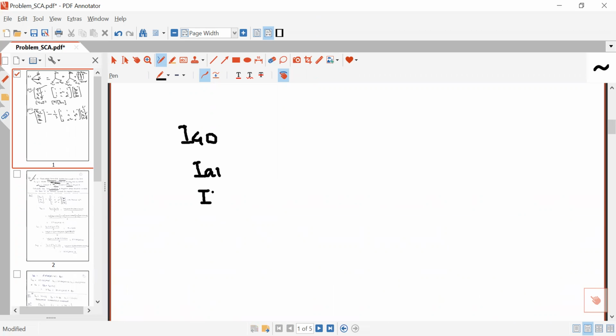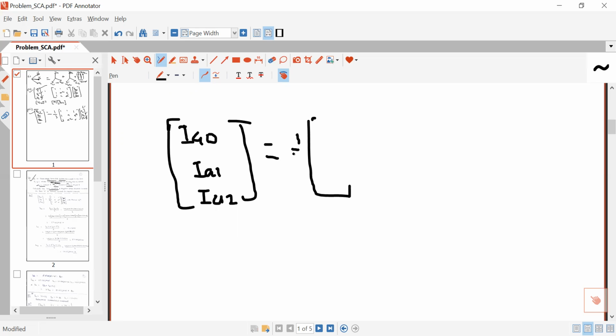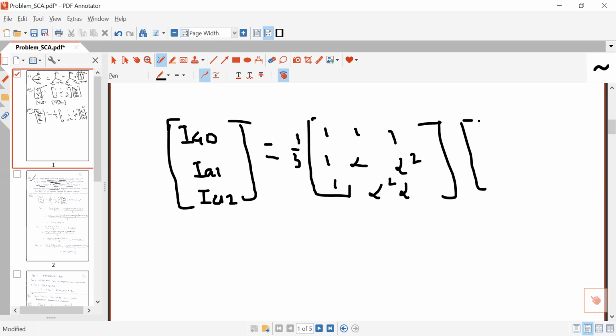If the unbalanced phasors are known and you have to determine the sequence components, then you use this matrix: 1 by 3 times 1, 1, 1; 1, alpha, alpha square; 1, alpha square, alpha; multiplied by IA, IB, and IC. Here IA, IB, IC are known.